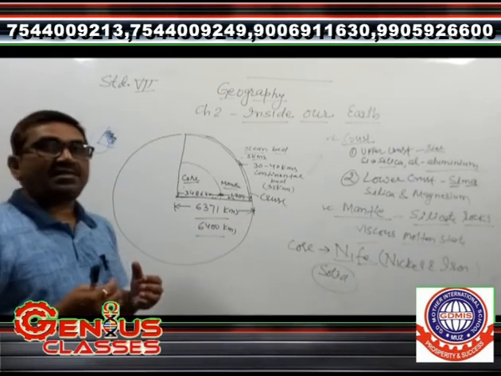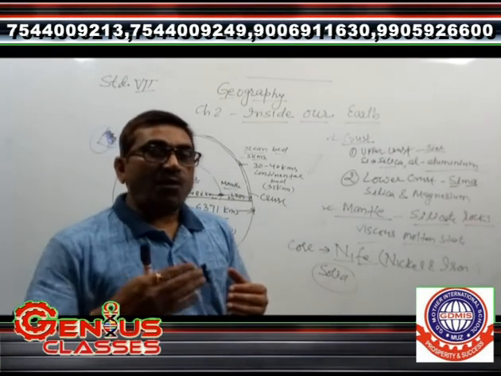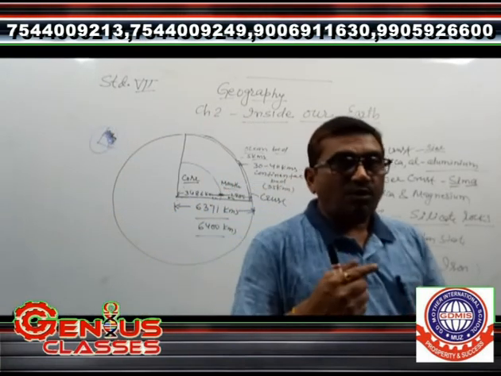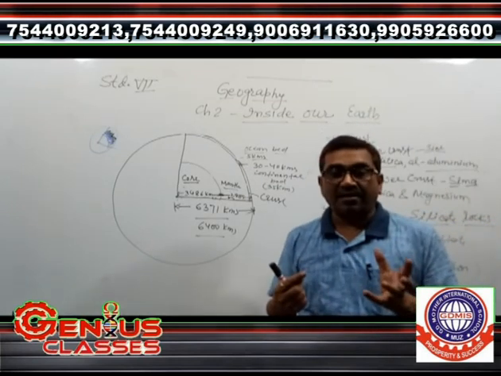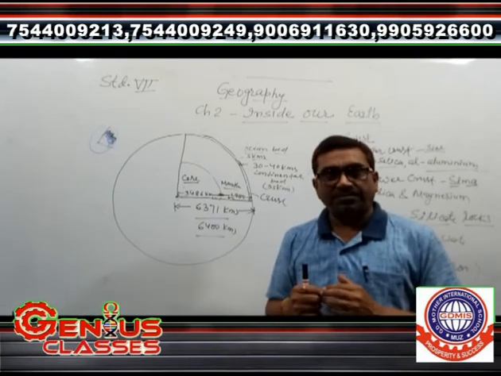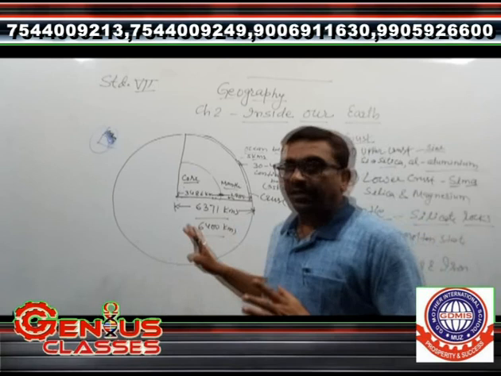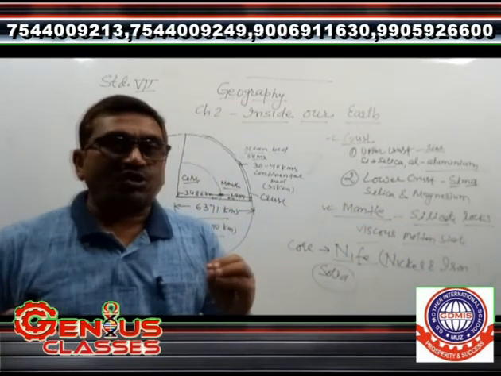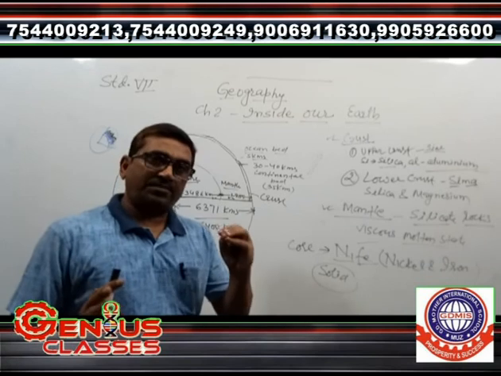In the next class, we will simply discuss the formation of rocks. There are three types of rocks. We will discuss the formation of rocks and uses of rocks. I do hope till now you have got the structure of inside the earth. Now this lecture is finished. Thank you.